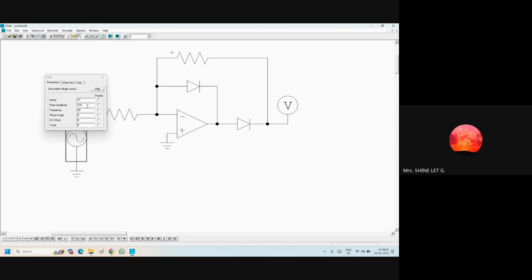The input signal by default will be 110 volt peak amplitude, so the peak to peak is 220.